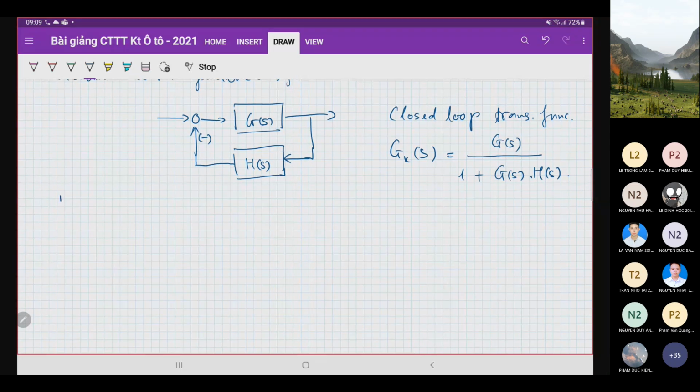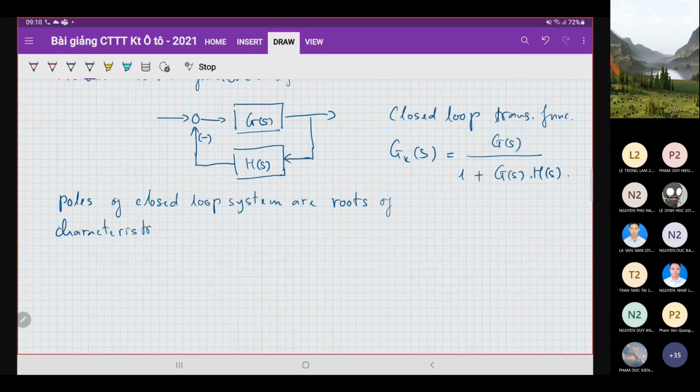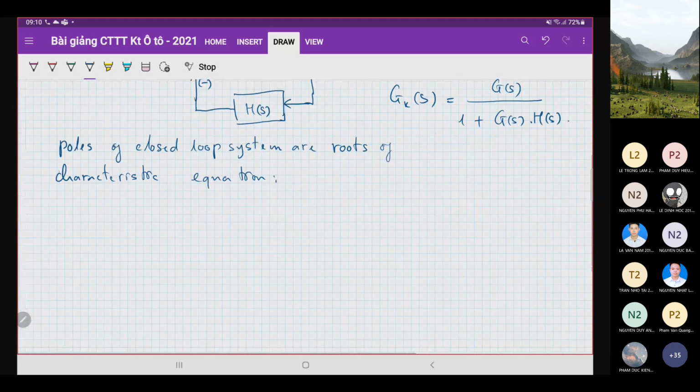And the poles of the closed loop system are the roots of the characteristic equation 1 plus G(s) multiplied with H(s) equal to 0.